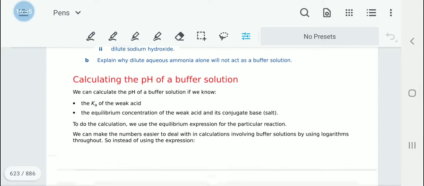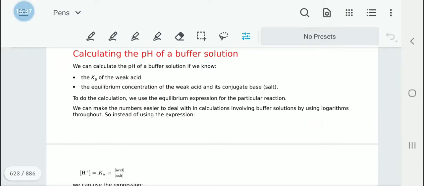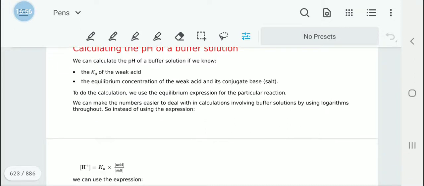Please write down. When calculating the pH of a buffer solution, we require the Ka of the weak acid and the equilibrium concentration of the weak acid and its conjugate base.